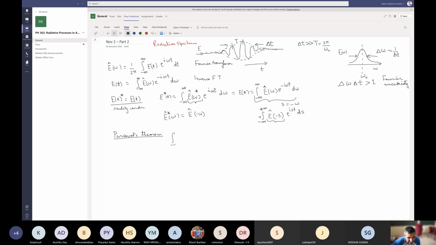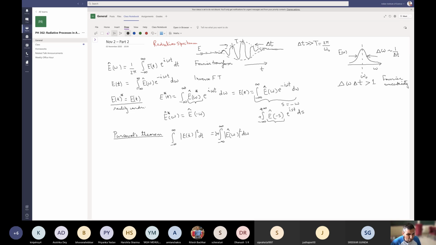So mathematically, this is the integral of E(t) squared dt, the energy measured in real space, equal to 2 pi times the integral from minus infinity to infinity of E hat omega squared d omega. Right, so the first term is the energy measured in real space. The second is the energy measured in Fourier space.